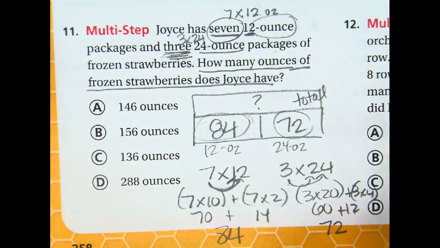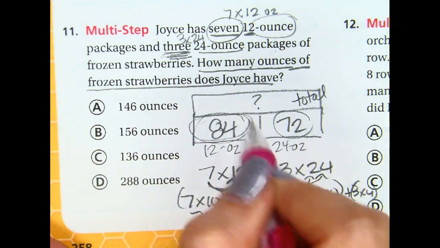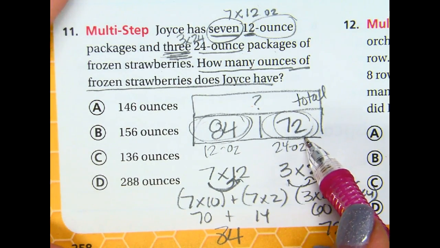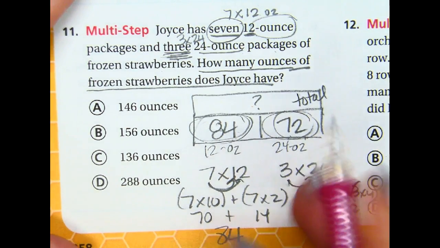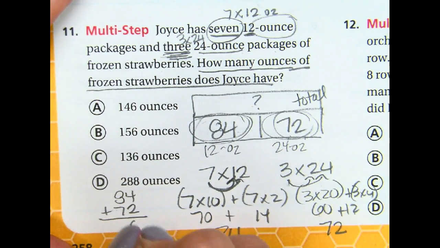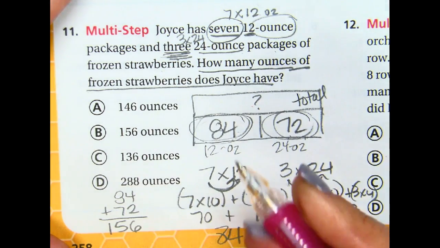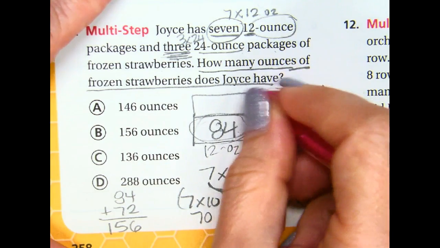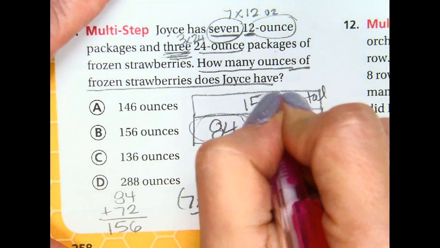So now we know how many ounces we have in these types of packages total, how many ounces we have in the 24-ounce packages. All you have to do is add these 2 together. So 84 plus 72. That's 6 and 15. 8 plus 7 is 15. So we know that our total amount of ounces is 156.